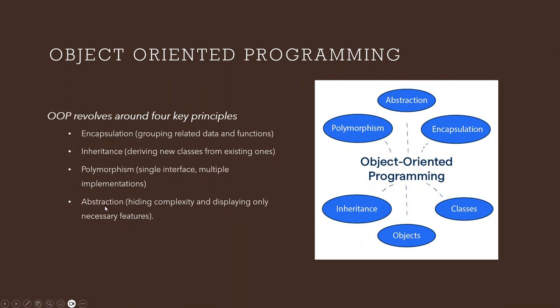And we've got abstraction, which means we've got the ability to hide complexity and display only certain things. So there's functionality behind the scenes that I don't need to know how it works, or I may be dangerous if I'm allowed to interact with it.